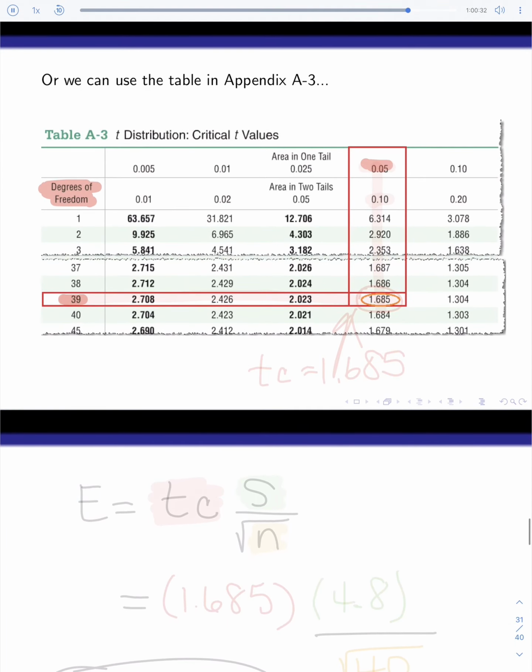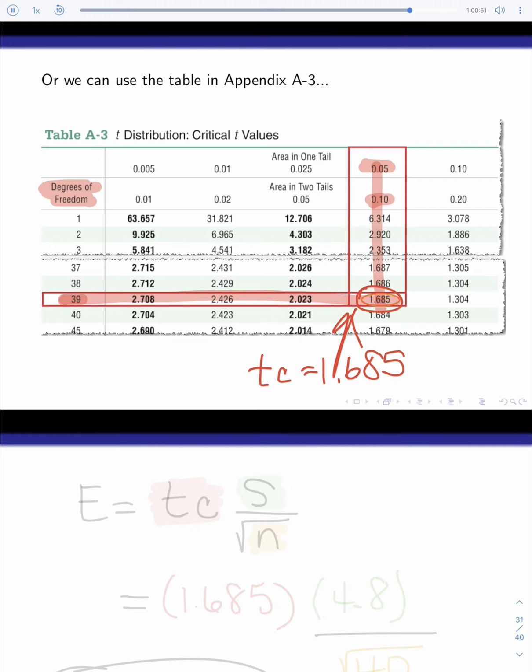An area in one tail of 0.05 or in both tails of 0.10 gives you a T value, or critical value, using your table, of the same value. You'll get T sub C equals 1.685 either way.